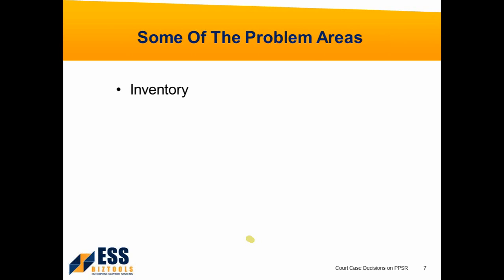So let's look at some of the problem areas that are occurring from court cases and liquidators' actions. Inventory is a big problem. Where the collateral is inventory, the security interest must be registered before the customer, who's called the grantor, obtains possession. In one instance, in Queensland, a franchise that operated in about 10 different locations had a significant amount of stock supplied on a consignment basis by about 30 suppliers.